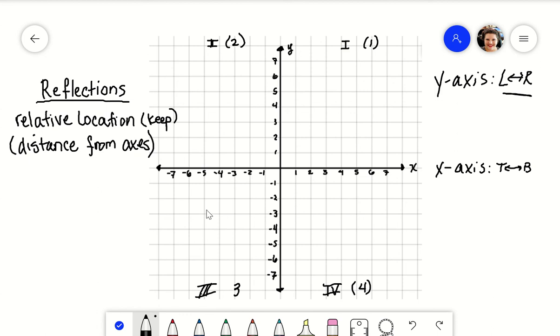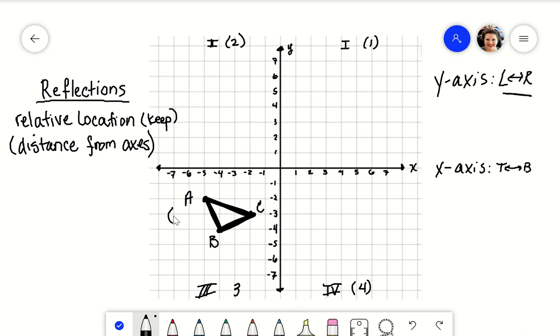So I'm going to draw a triangle. Oh, look how beautiful my triangle is. Love my triangle. So we're going to call this point A. We're going to call this point B. And this is going to be point C.